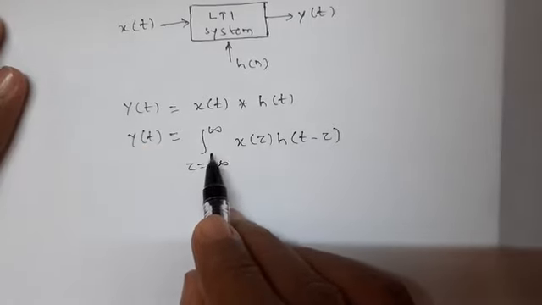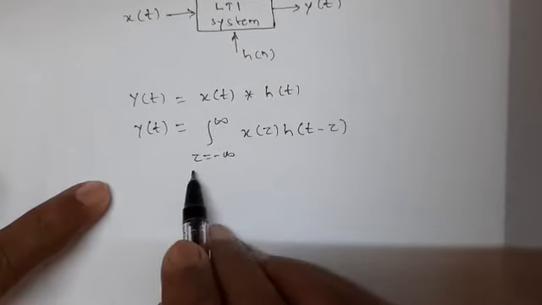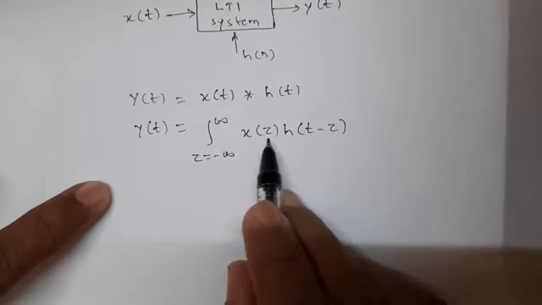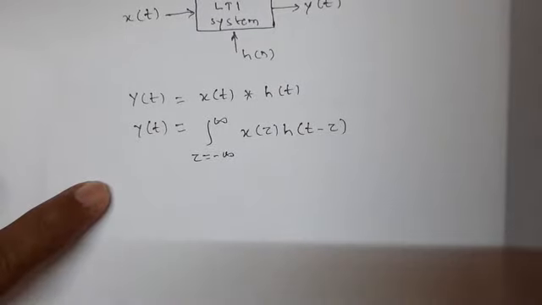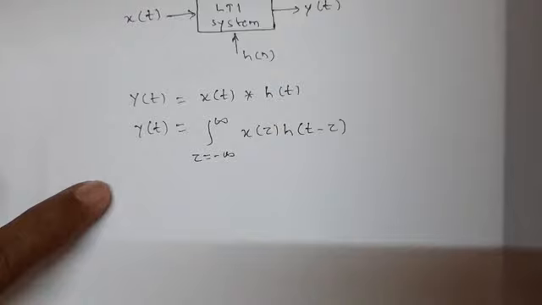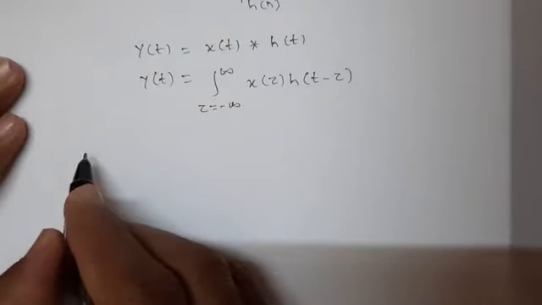Since it is a continuous time system, summation changes to integration: integral of tau equal to minus infinity to plus infinity, x of tau h of t minus tau. So now we are going to use this equation for every example which we are going to solve. We'll try to solve one example of this kind.